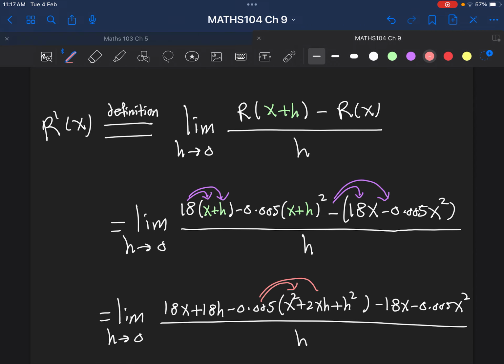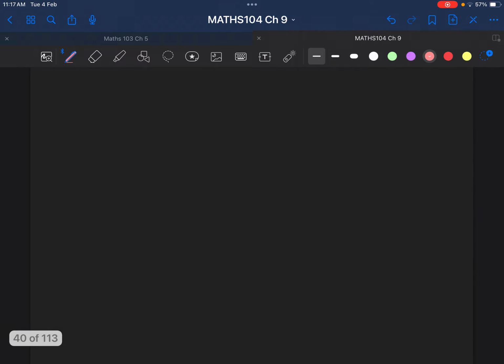The next step, this number has to go inside everywhere. So just write it down there and continue with the same thing.